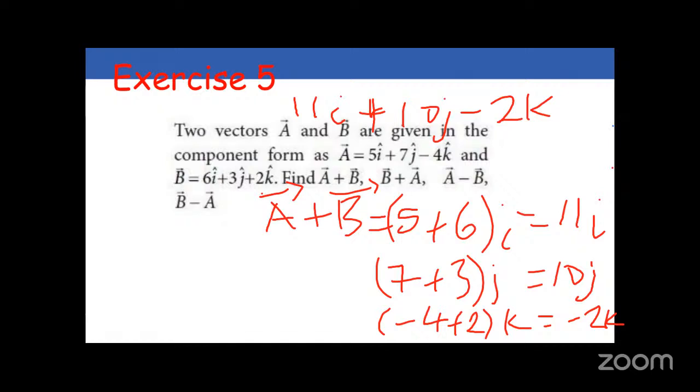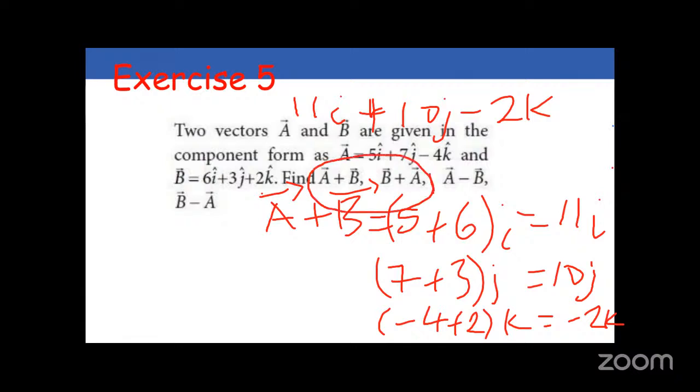That is vector A plus B. Now, vector A plus B will also be equal to vector B plus A. Vector A plus B will be equal to vector B plus A. So both of them will have the same answer.